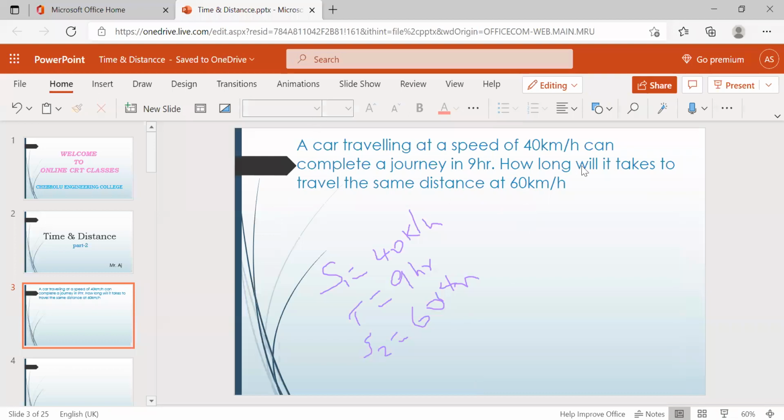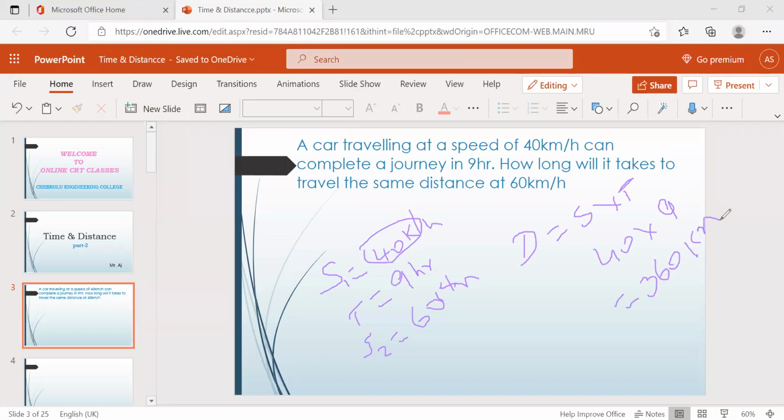What they're asking is to find the time to reach the same distance. What's the distance? We don't know. We have to first find out the distance. Formula: speed into time. Speed is 40 kilometers per hour, into time 9. So we get distance 360 kilometers.